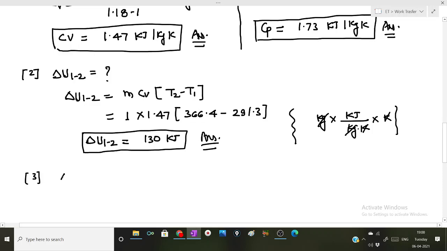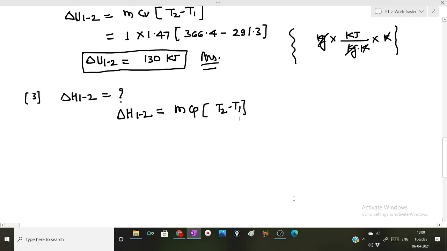Similarly, change in enthalpy. We have the formula for change in enthalpy as m Cp T2 minus T1. Once again, we have the value of m as 1 and Cp as 1.73 into 366.4 minus 291.3.